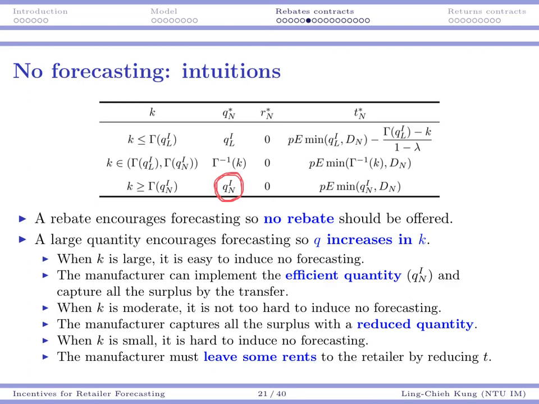So in this case, the manufacturer will need to leave some positive rents to the retailer by reducing T. We can see that here the manufacturer has this term, which is subtracted from the newsvendor revenue term. This means the manufacturer needs to give the retailer some positive rents so that the retailer does not forecast.